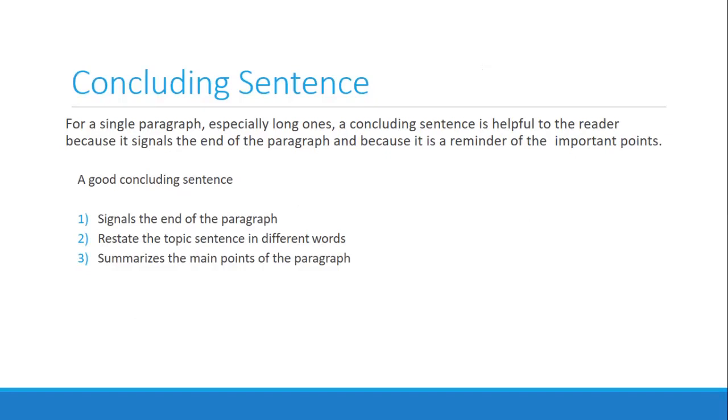It signals the end of the paragraph, and also it reminds the important points that are given in a paragraph, right? A good concluding sentence signals the end of the paragraph, right? It restates the topic sentence in different words and it summarizes the main points of the paragraph. So these are things that can be done with a concluding sentence.